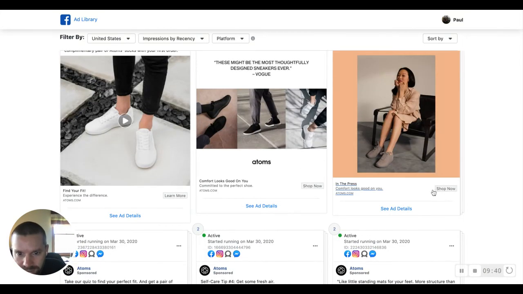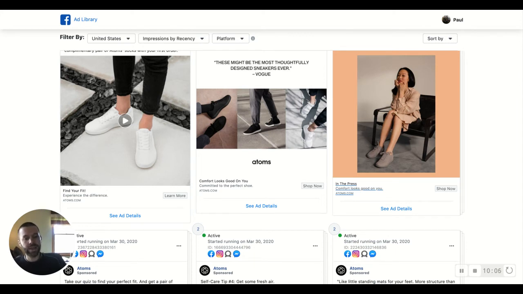Shop now, right? So they're going to atoms.com/products, Atoms Black. So they're bringing you to a very specific page. And sorry while my browser loads. They're bringing you to a very specific shoe rather than like a list of shoes. And this might be intentional as well to bring you to a direct product.